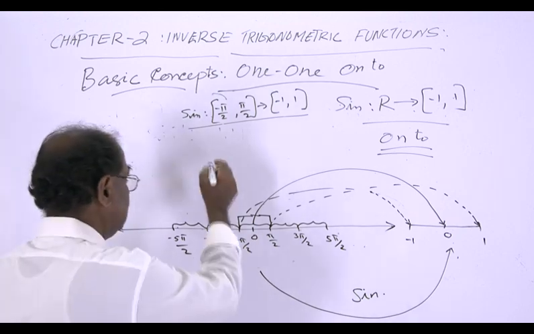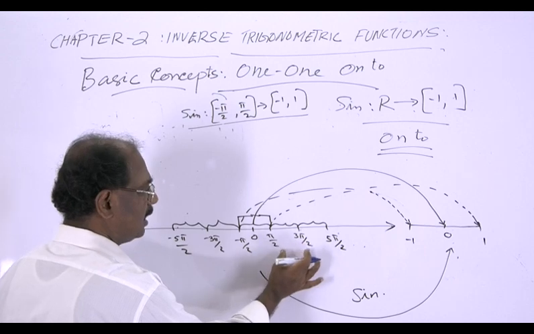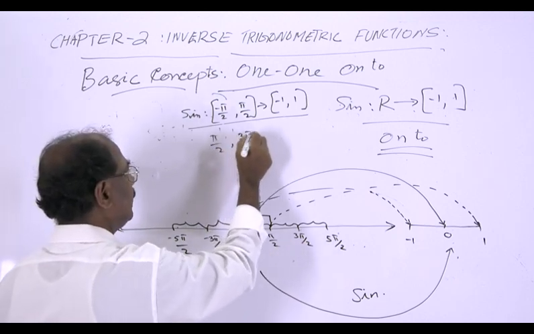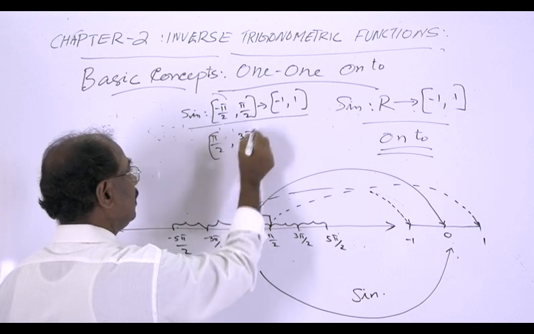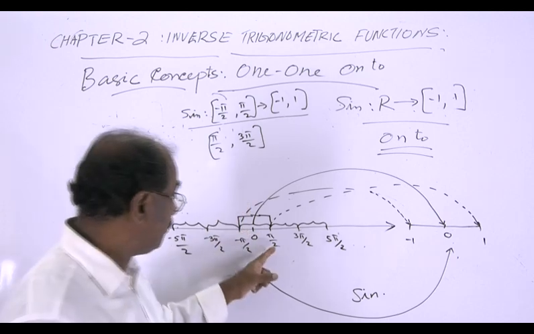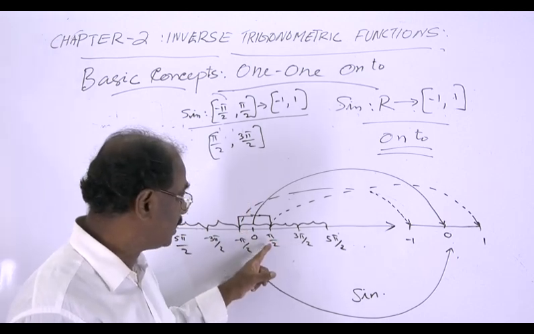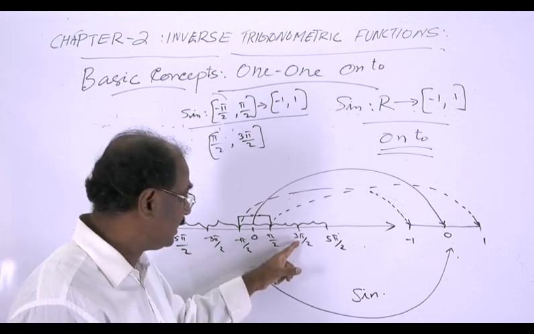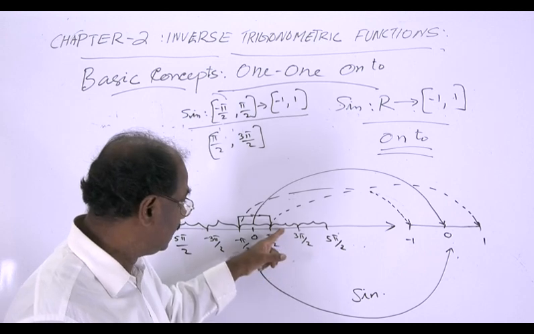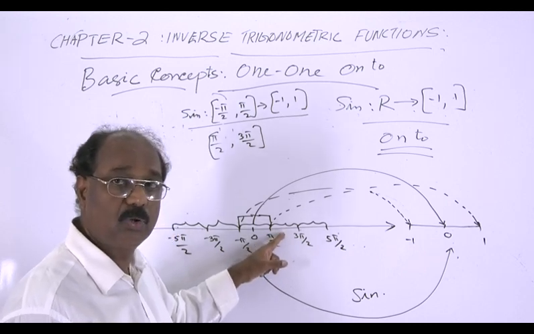Again consider this interval π/2 to 3π/2. Passing from π/2 to 3π/2, sine π/2 is 1, sine 3π/2 is -1, and this π comes in the middle, sine π is equal to 0.